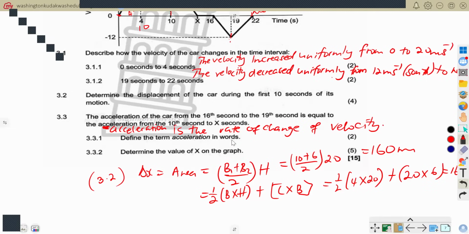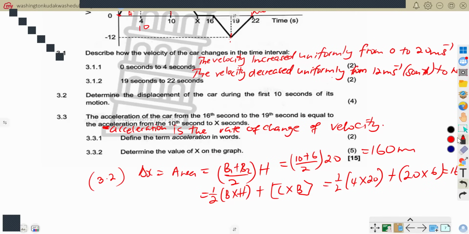Now they are saying determine the value of x on the graph, given that the acceleration of the car from the 16th second to the 19th second is equal to the acceleration from the 10th second to x seconds. So we need to find the acceleration from here to here and compare it with the acceleration from here to there.